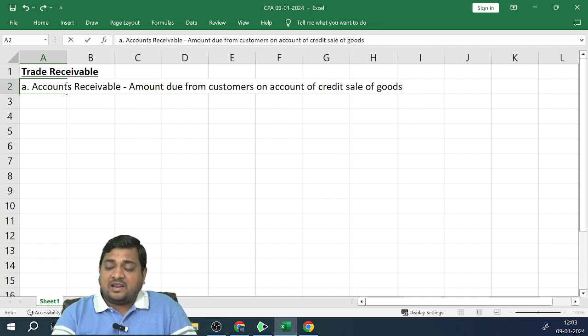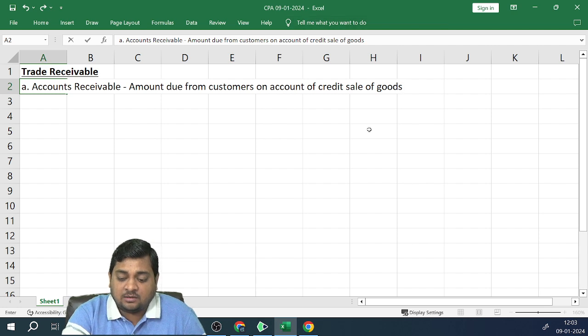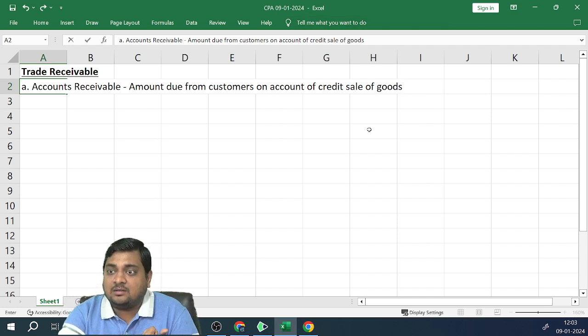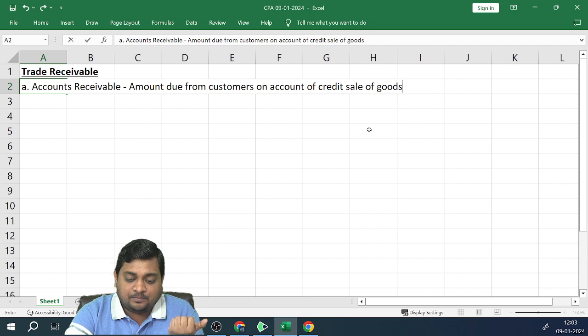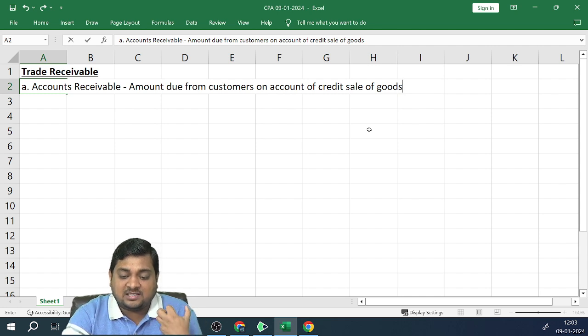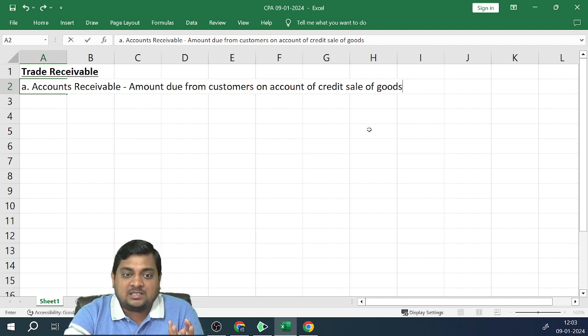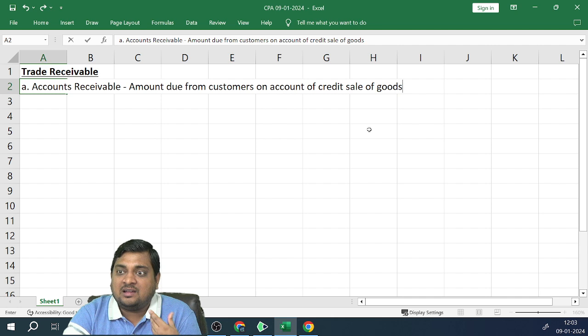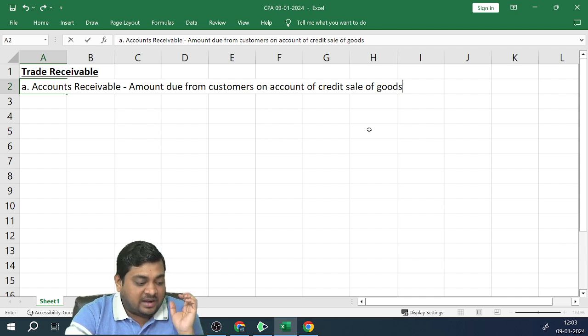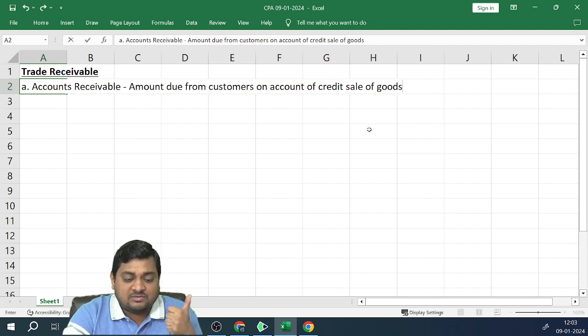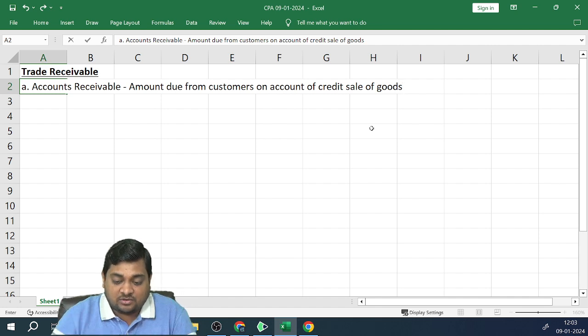Right now, whenever I am selling goods on credit, it's basically a mere acknowledgement of debt. The customer makes an oral promise to pay me a specified sum of money after some period of time, right? So accounts receivable means amount due from customers on account of credit sale of goods.